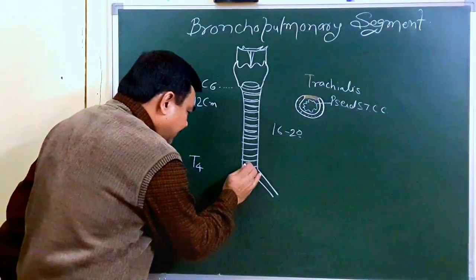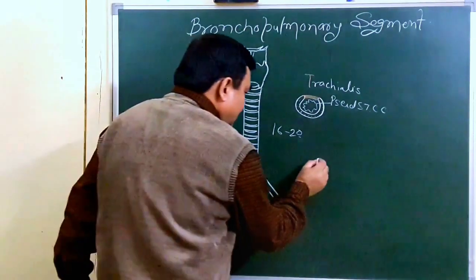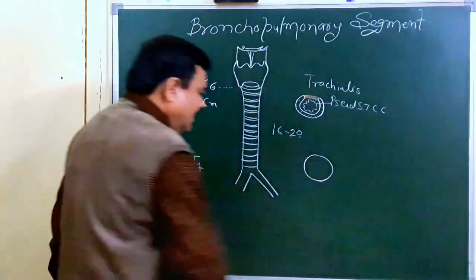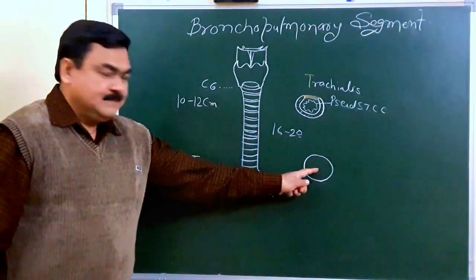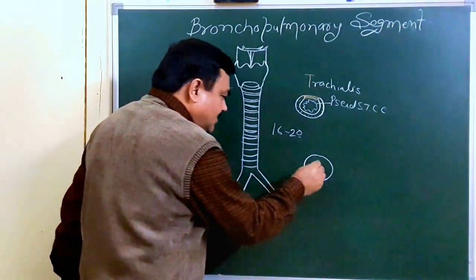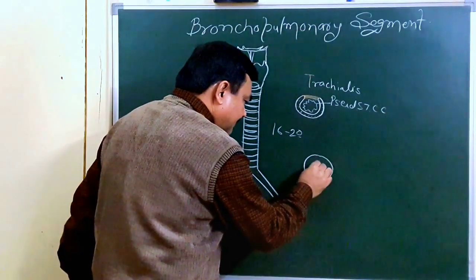Here you can see by endoscope, this is the carina, at the site where the trachea divides into two principal bronchi. This is the position of the carina.